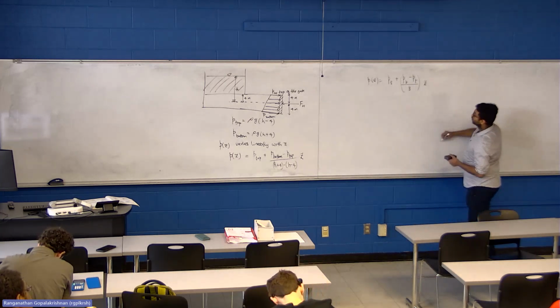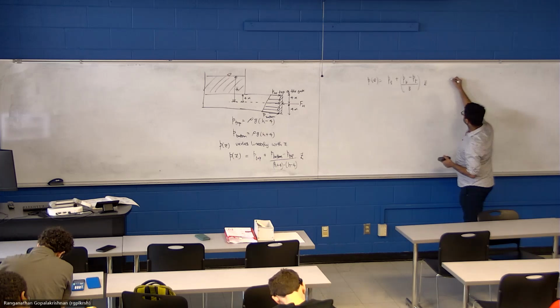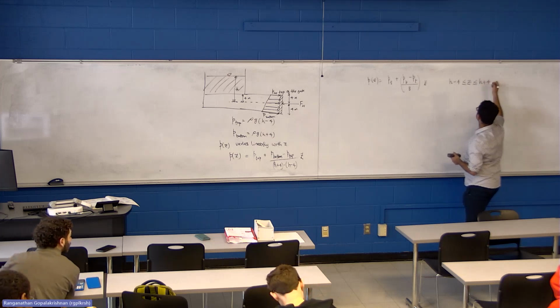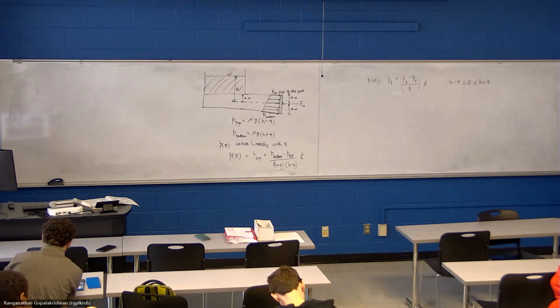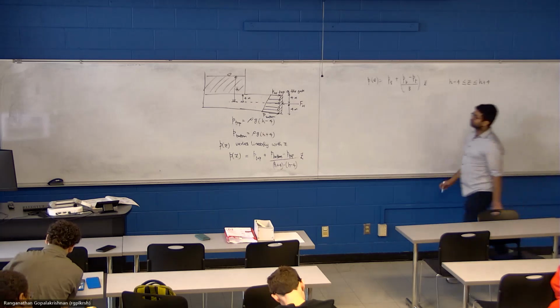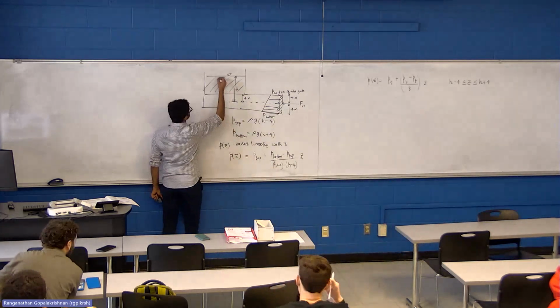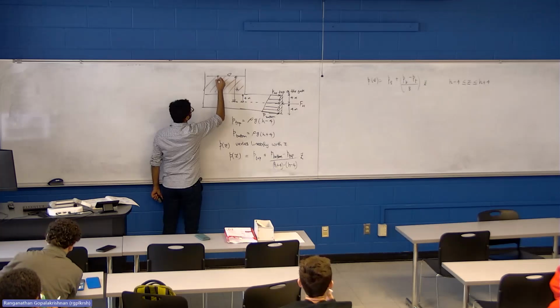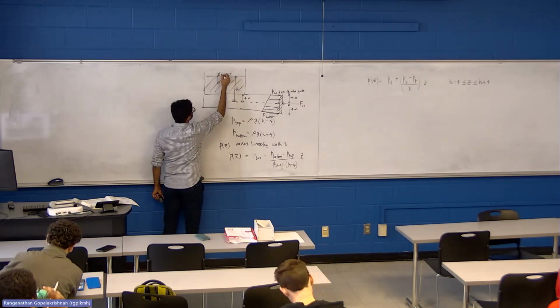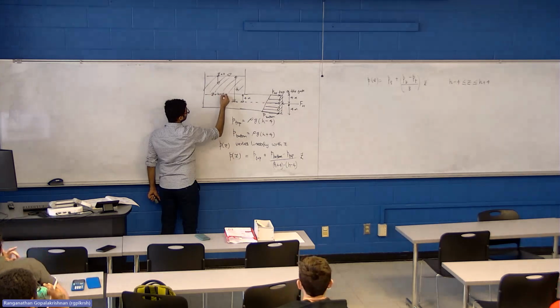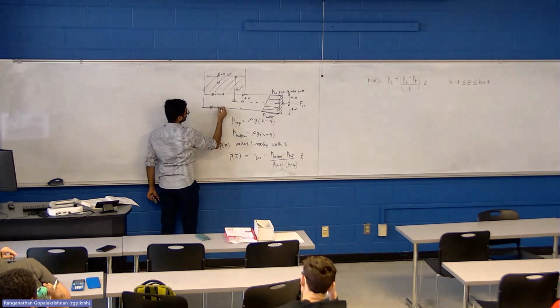And what is the range over which z varies? z varies from h minus 4 to h plus 4. You can consider this z equals 0. We are interested in z equals h minus 4 to z equals h plus 4.